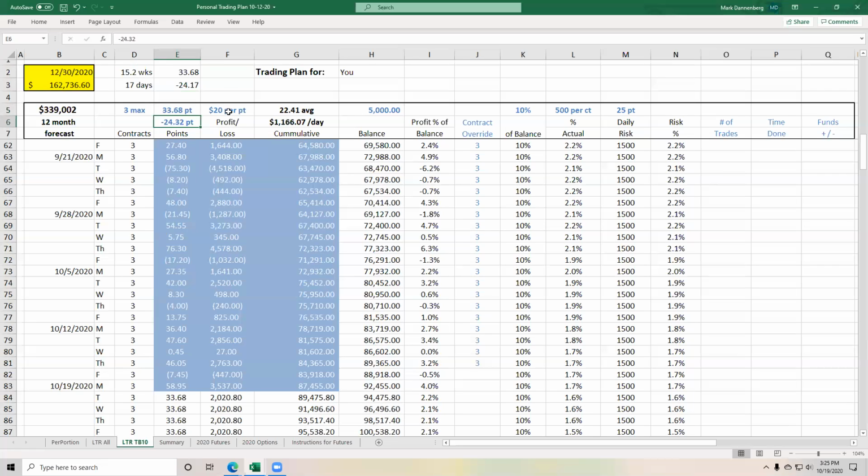That's what we see as our run rate. And we're going to adjust our losing day to minus 24.17. Okay. And based on 3 contracts, it gives us a projected income of about $339,000.